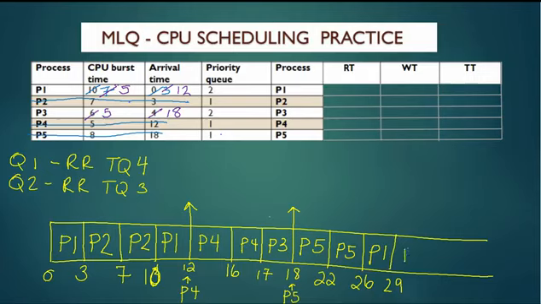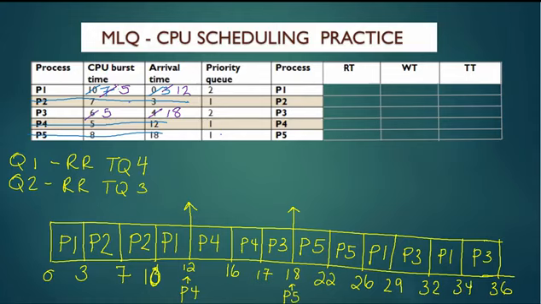Then we have P3, which will go until time 32. And then we have P1, which will finish up its last 2 time units of CPU burst, to 34. And then we have P3, which will finish up its last 2 time units of CPU burst and be done at time 36.